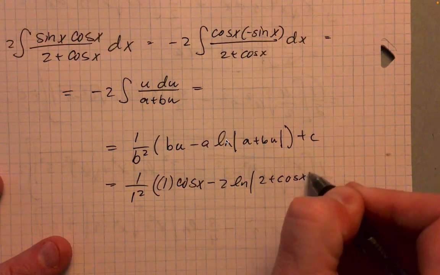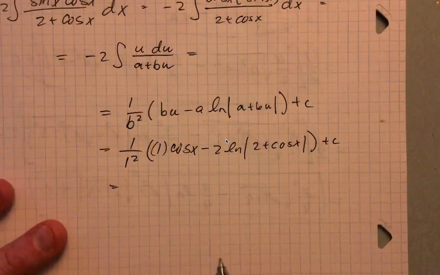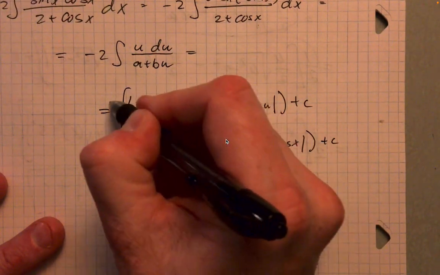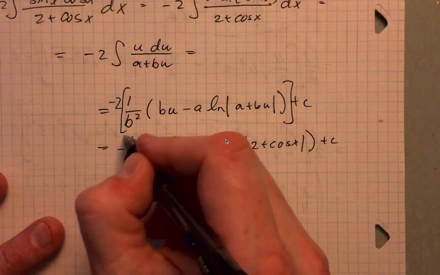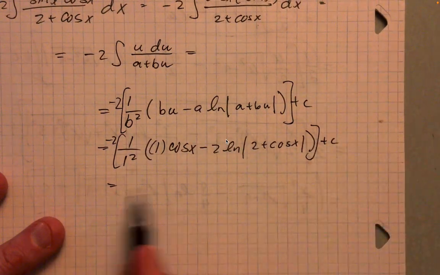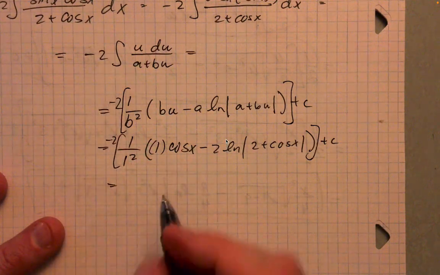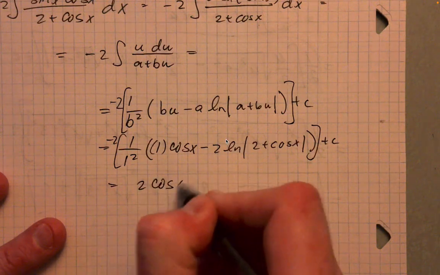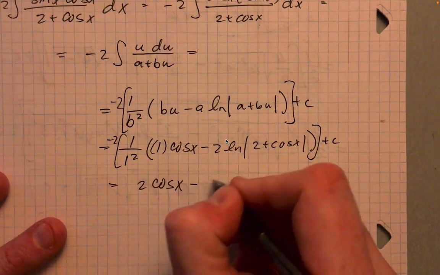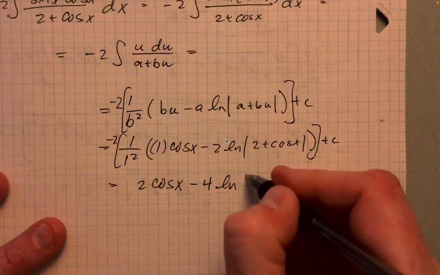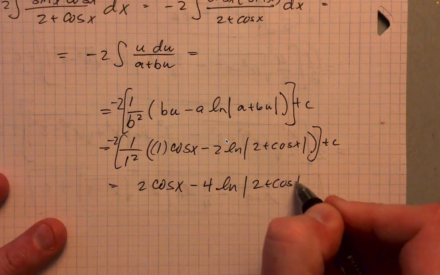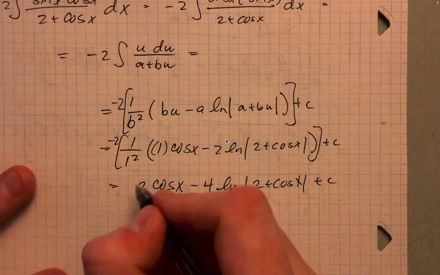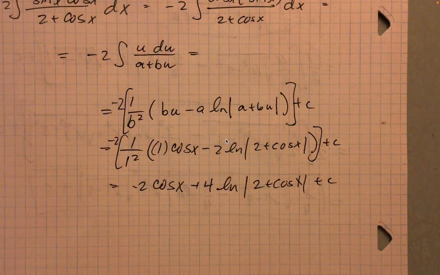And I'm sorry, you're going to need the negative 2 out front. Let's not forget that. It's important, because the negative 2 here needs to be brought along. So then you're going to end up ultimately with negative 2 cos x plus 4 natural log of 2 plus cos x plus c. Actually, I think this should all be negative, and that should be a positive probably. Yeah. Okay, there you go.